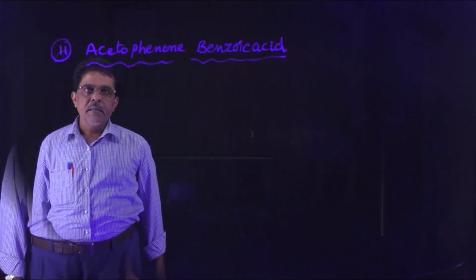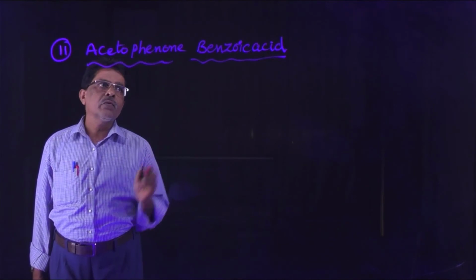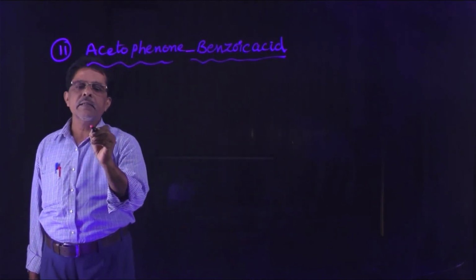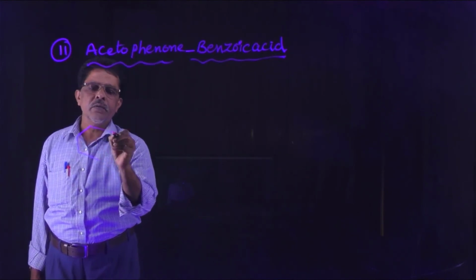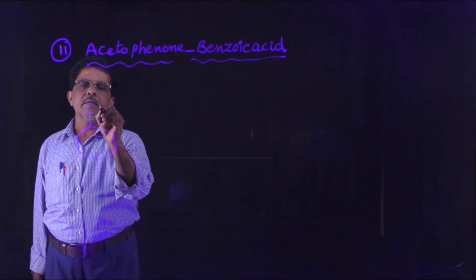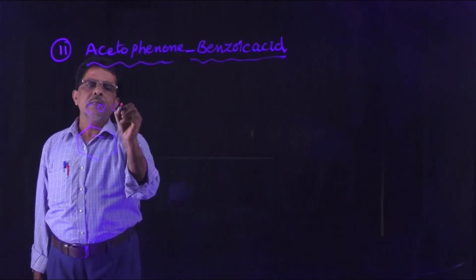Right, understand? Next conversion is acetophenone to benzoic acid. You know that the acetophenone formula is a benzene ring attached with a COCH3 group.